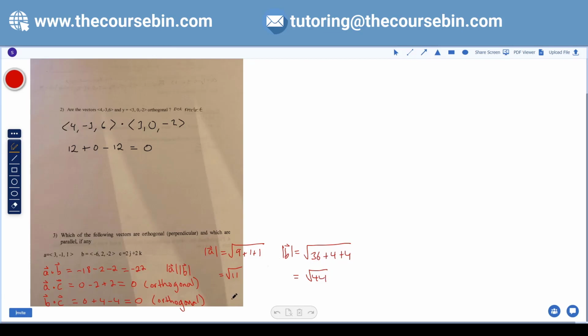So if we multiply these two magnitudes, let's see what we get. We got radical 11 times radical 44, and we're trying to see if it's the same as 22. Now, radical 44 is radical 4 times 11.